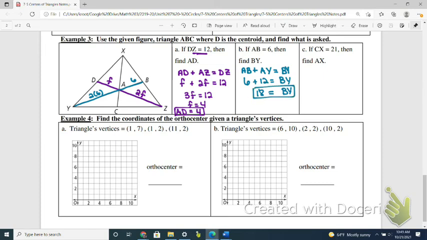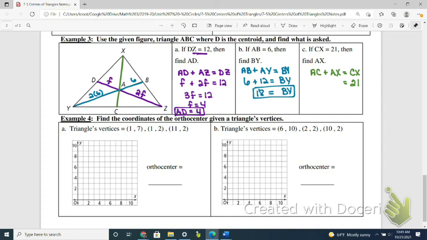And finally, C, if CX is 21, so this whole line is 21. So if I break it into two parts, I know that AC plus AX equals CX. Well, this we already said was 21. So again, I'm going to use some other letters.